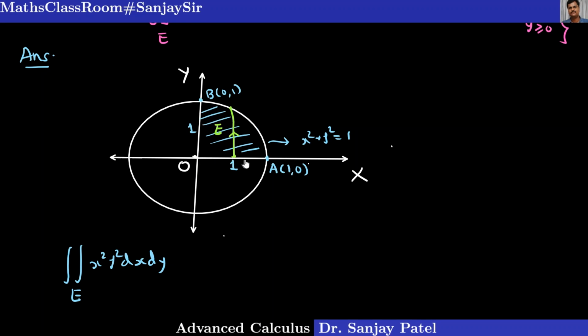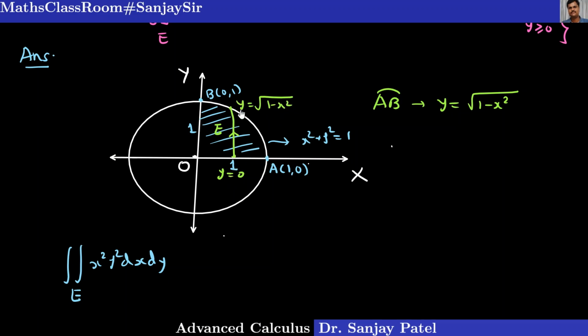Here the lower end of this strip lies on the x-axis whose equation is y equal to 0, and the upper end lies on the arc AB of the circle, given by y is equal to the positive square root of 1 minus x square.